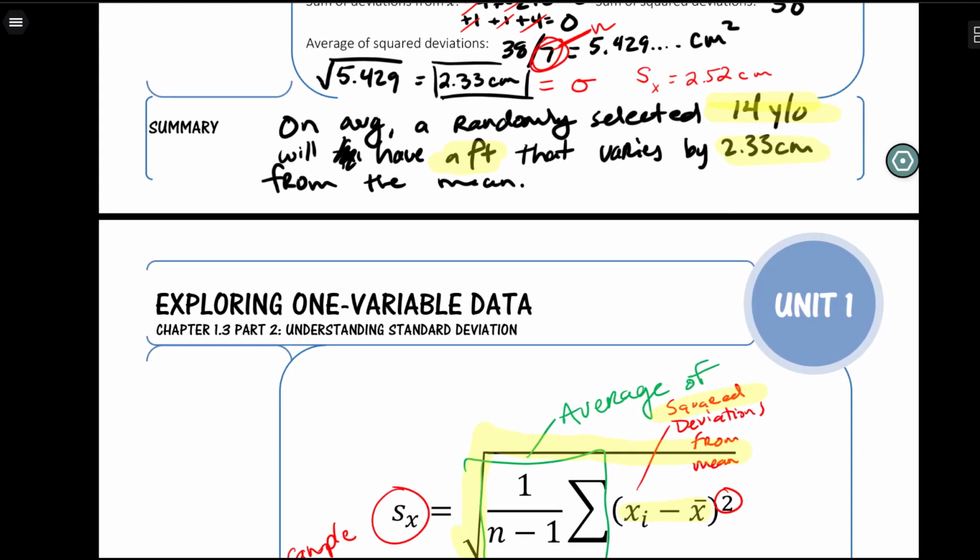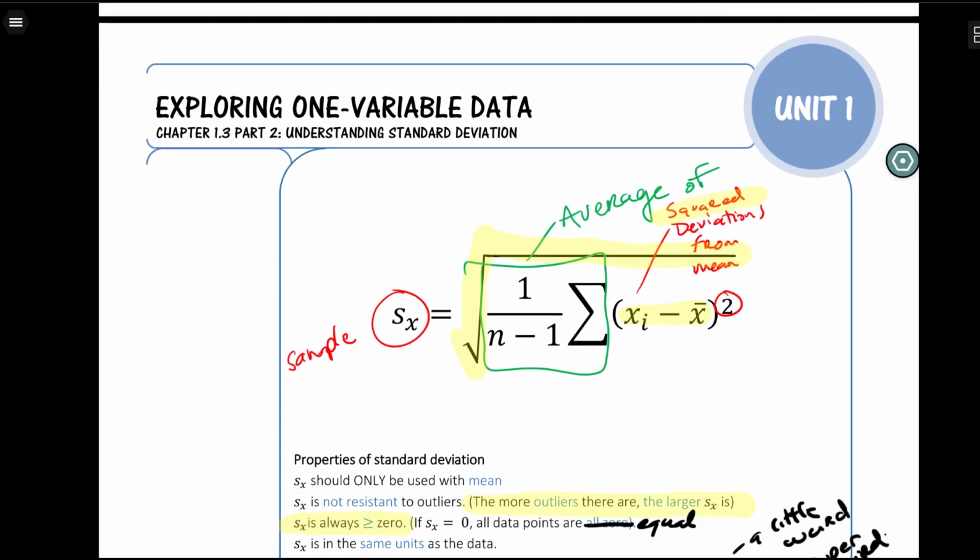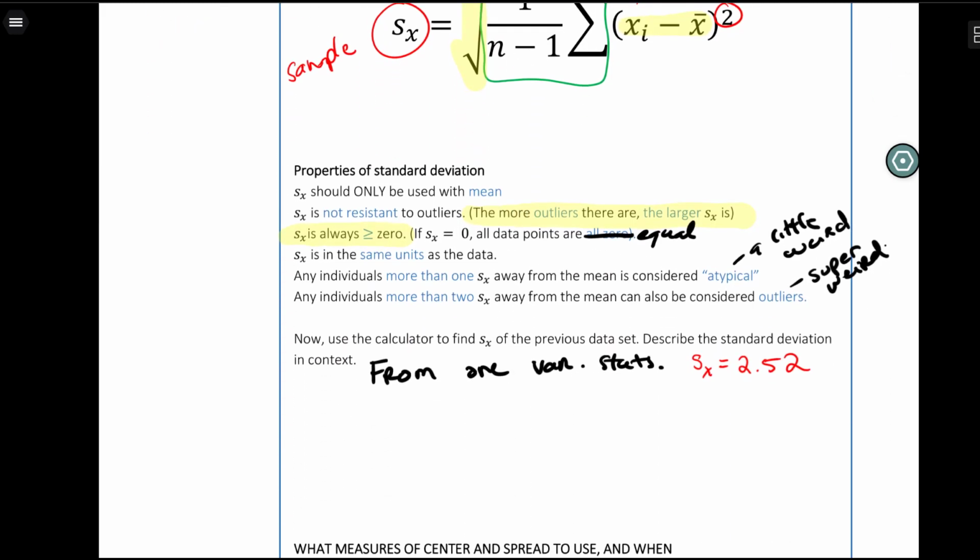It's a very long, complicated rationale as to why we do this, and it's beyond the scope of our course. But we divide by n minus 1 because of this thing called degrees of freedom, which we'll eliminate a little bit later on. But the idea here is that it's making a more conservative estimate because you are working with a sample and not the population. Now, let's go ahead and try and adjust for this.